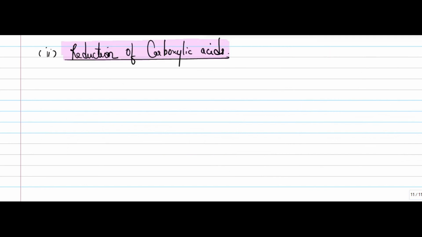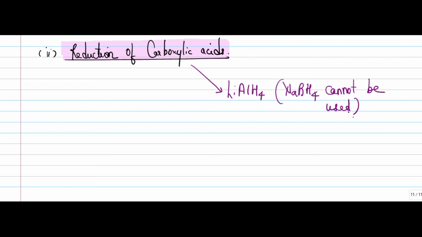So next is reduction of carboxylic acids. In general, there are two systems which are used for reducing carboxylic acids, one of them being lithium aluminium hydride. Remember, sodium borohydride cannot be used. Lithium aluminium hydride, and the second is B2H6, diborane.